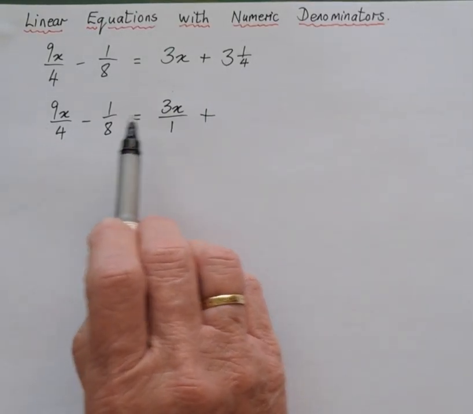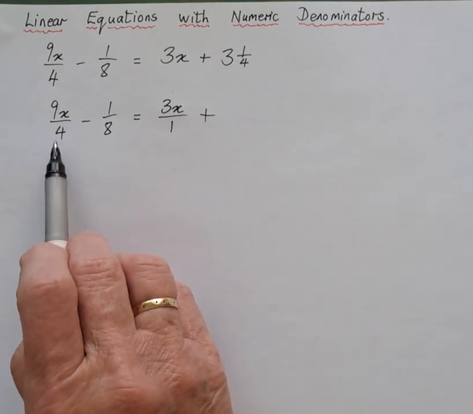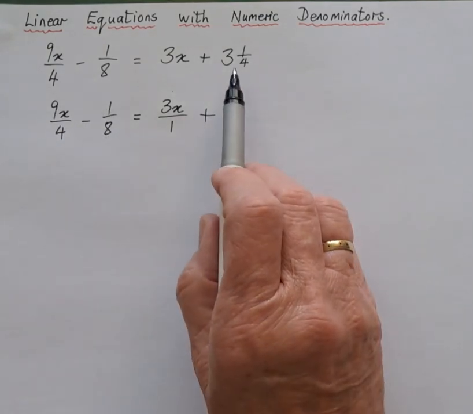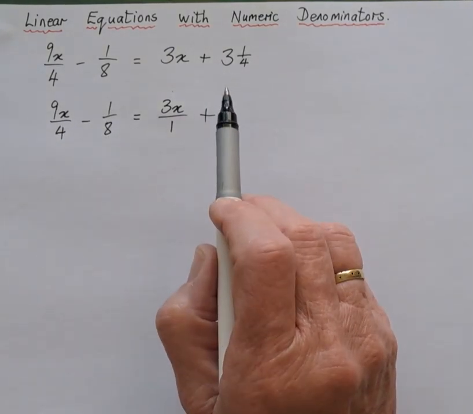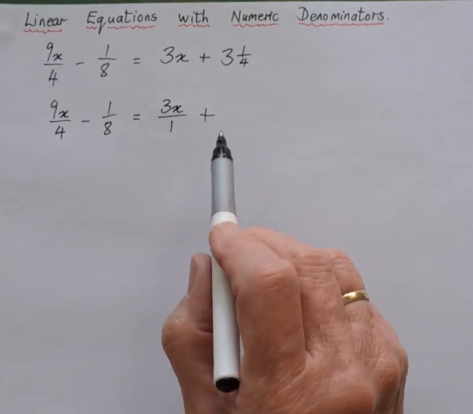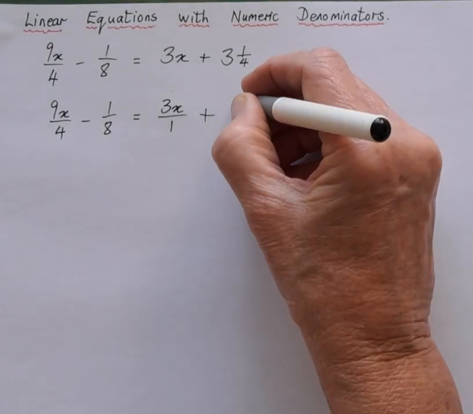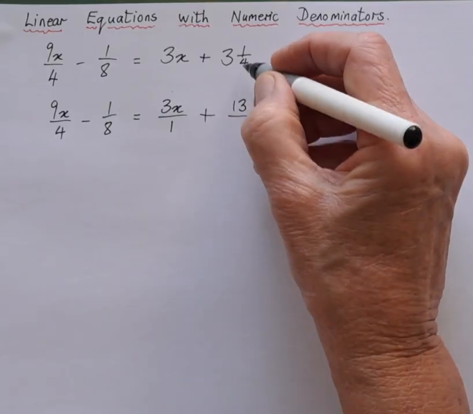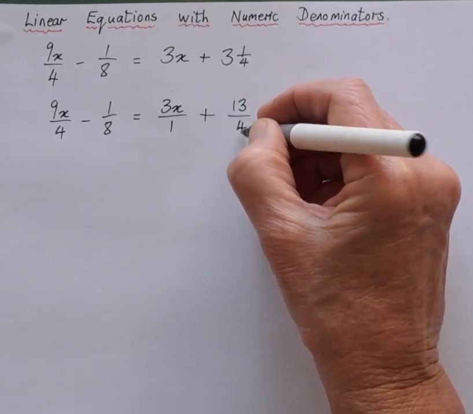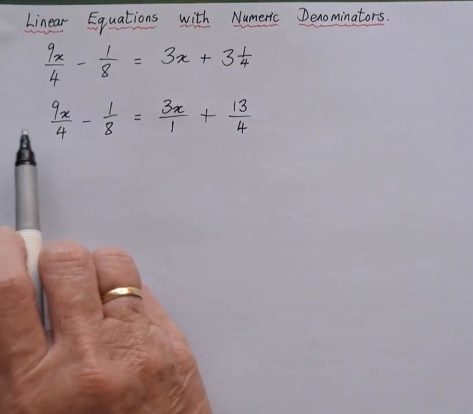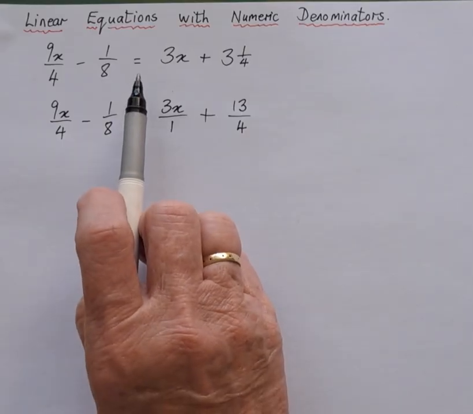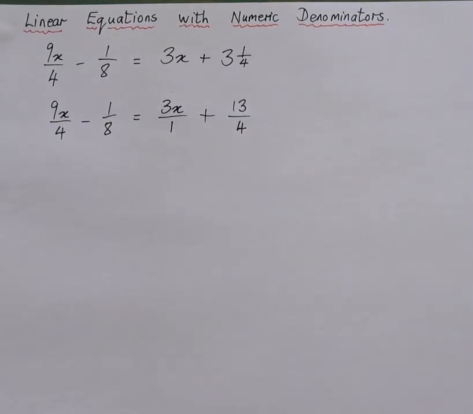All of these terms we need to have with a numerator, denominator, numerator, denominator. So we need to convert that mixed number into an improper fraction. So 4 times 3 is 12, plus 1 is 13, and we retain the denominator. So now what I've written down here is exactly the same as that, except I've written it in the form that will be much more useful to me.